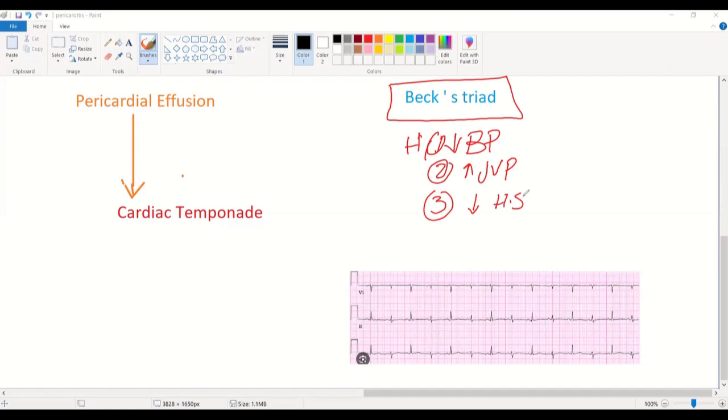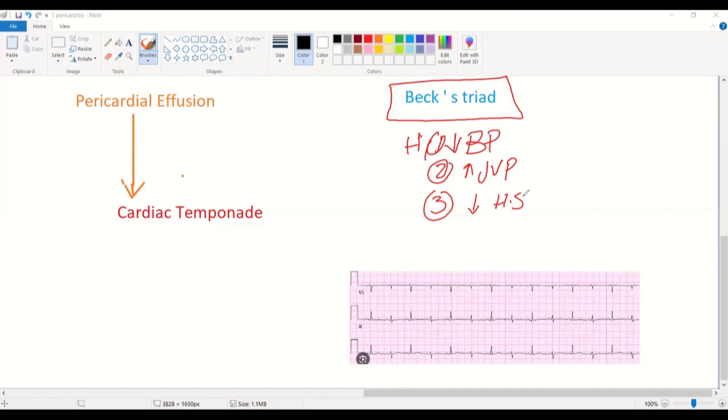Sometimes they mention muffled heart sound, sometimes distant heart sound. So clinically, sometimes you say decreased heart sounds, sometimes muffled heart sounds. Right? You will find a lot of questions on Beck's triad.